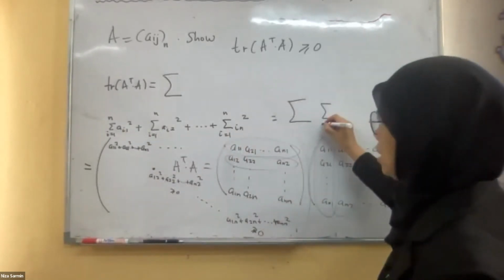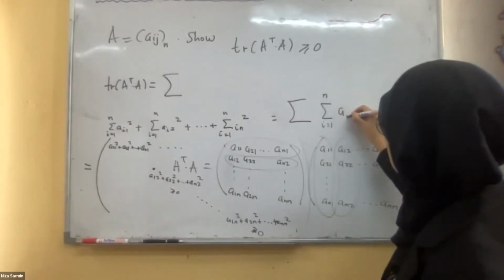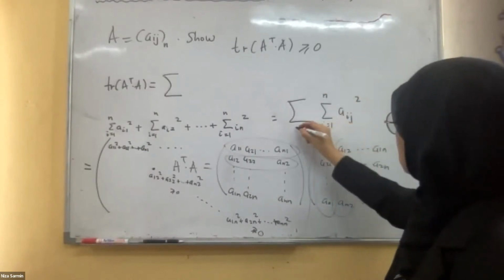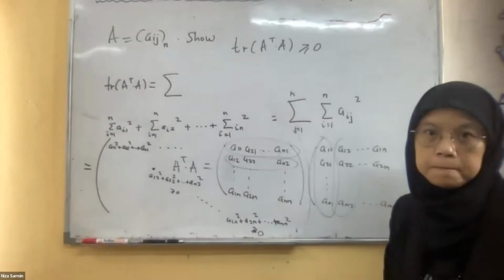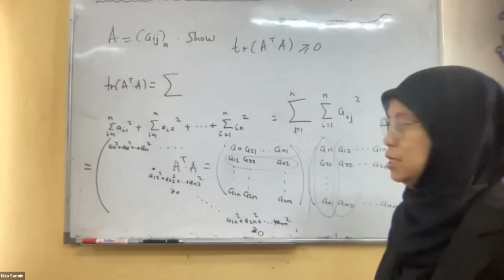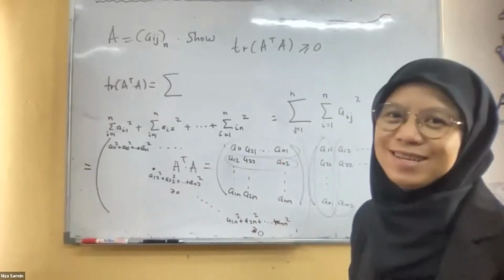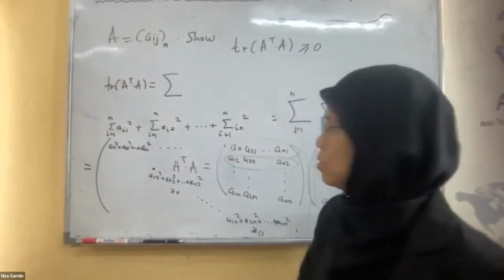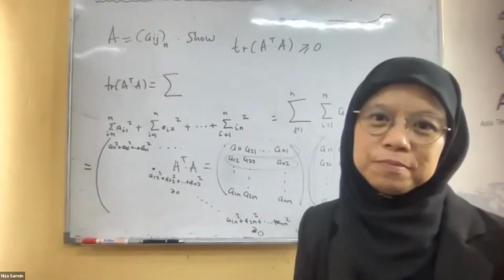So you have I from 1 to N, A_IJ squared, J from 1 to N. And because these are all squares, right? Then this is bigger or equal to 0, bigger or equal to 0, bigger or equal to 0. So the whole thing is bigger or equal to 0.